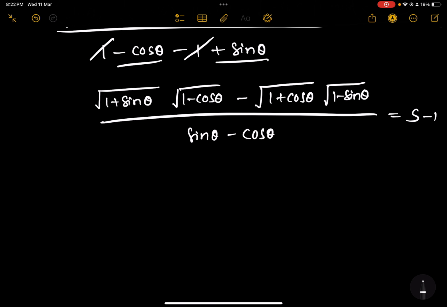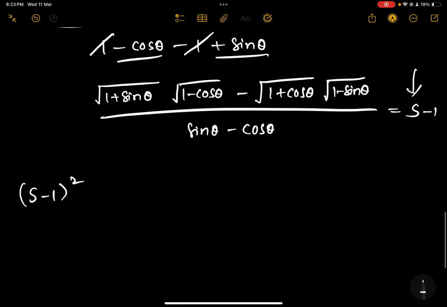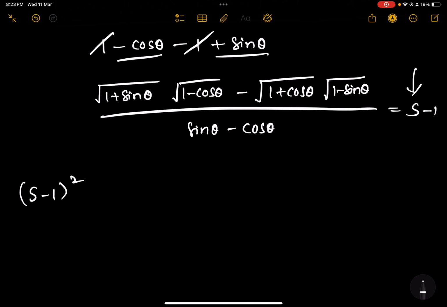Now let us see what S minus 1 whole square is. Mind you, S is a function of theta because your left hand side expression is in terms of theta. So when you do S minus 1 whole square, in the denominator you'll have sin theta minus cos theta whole square.